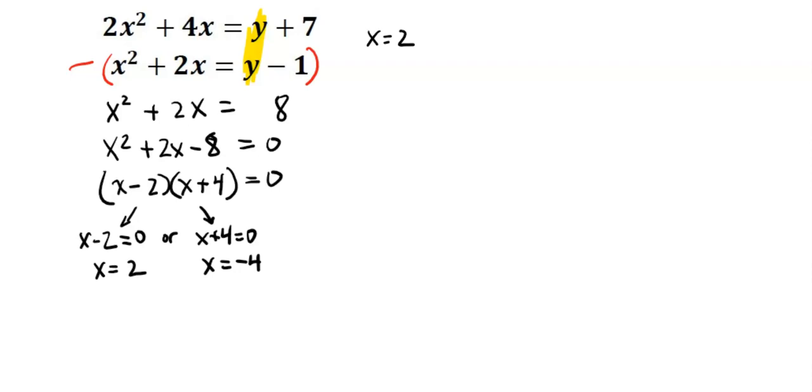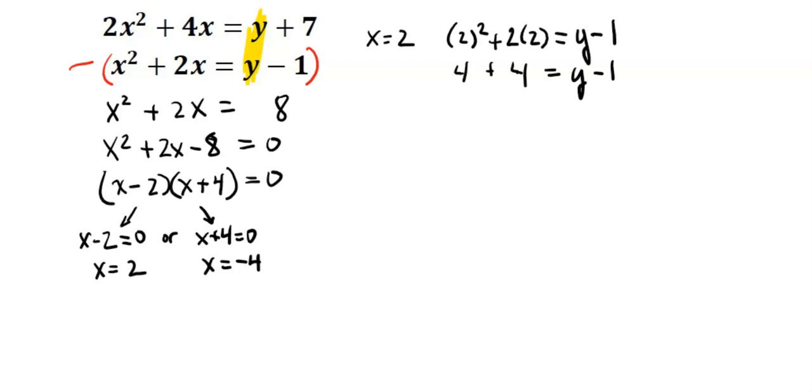I'm going to put it in the bottom equation, again, just because it looks simpler to me. 2 squared instead of x squared, plus 2 times x, or 2 times 2, equals y minus 1. 2 squared is 4, plus 2 times 2, which is 4, equals y minus 1. 4 plus 4 is 8, is equal to y minus 1. And adding 1 to both sides, we get 9 equals y.